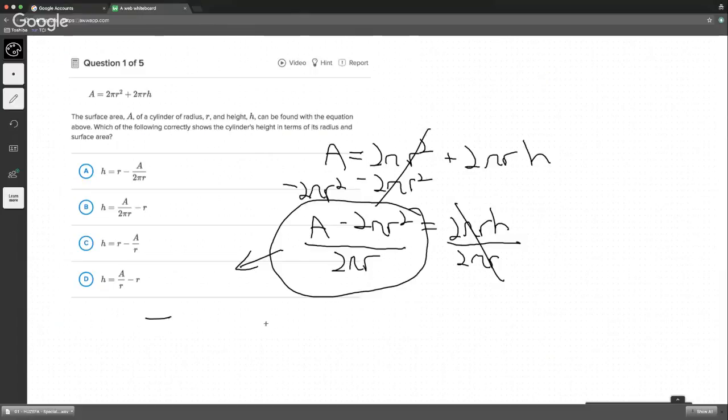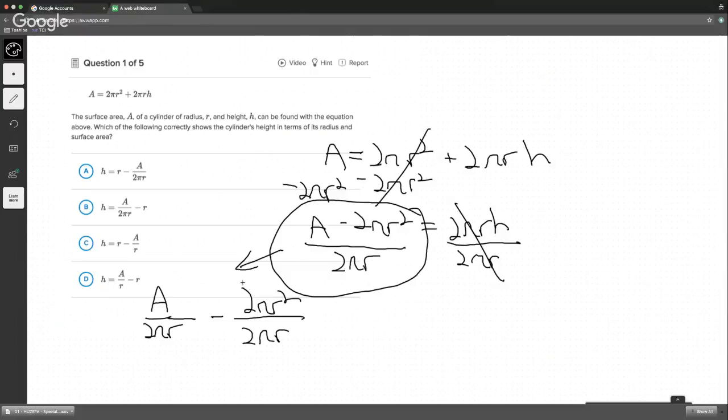It's like we replicate the denominator, because technically these are 2 separate quantities over the same denominator: A over 2 pi r minus 2 pi r squared over 2 pi r. You see how the denominator just splits up like that? Then we can do something really special here. Now we can cross off from the top and the bottom.